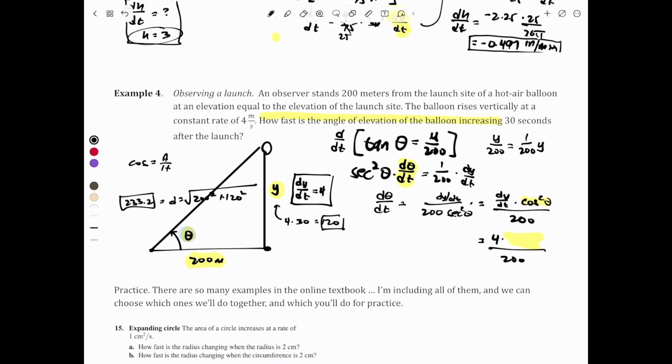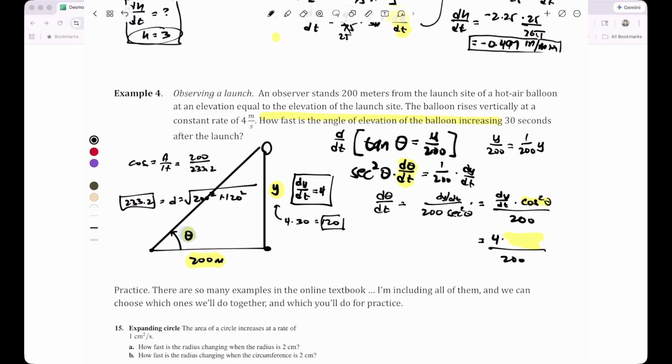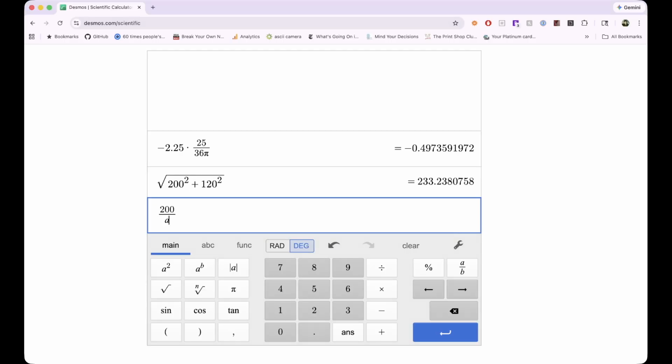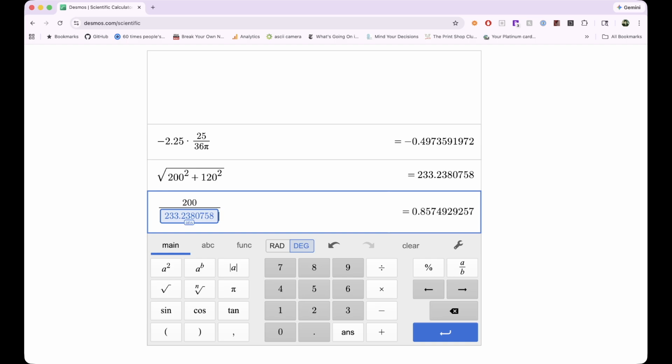So what's the cosine? Well, it's the adjacent over the hypotenuse. It's 200 over 233.2. I'm going to quickly do that on the calculator again. 200 over the previous answer is about 0.857.